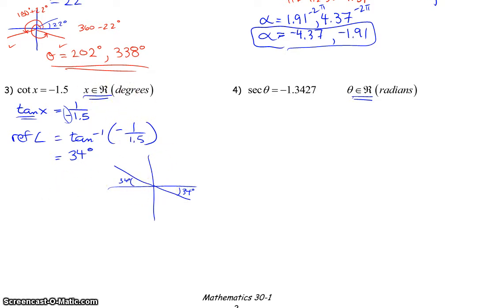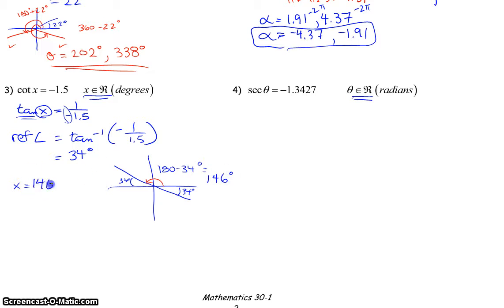So we need this first rotation angle, the principal angle, and we would have then the angle inside the trig function. So x equals, let's see, that would be 180 minus our reference angle 34. So we should have 146, I believe.